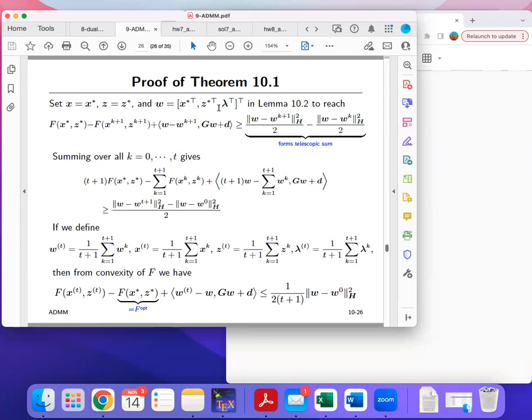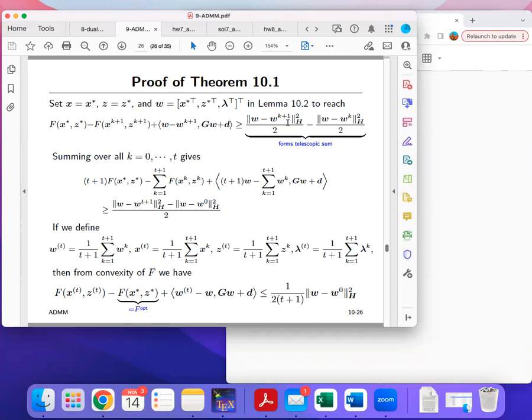Okay. Lambda is not specified. So based on Lemma 10.2, we specify these two parameters, and then Lemma 10.2 becomes this one. This is exactly that lemma. So this becomes the optimal function value, f of x star, z star. And then we have this function value gap. This is what we want. We want to calculate the function value gap.